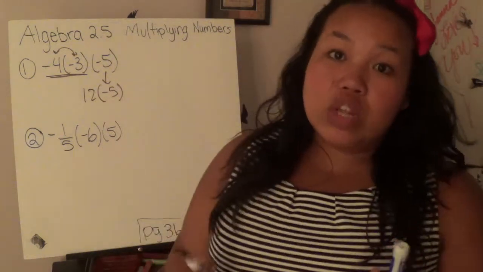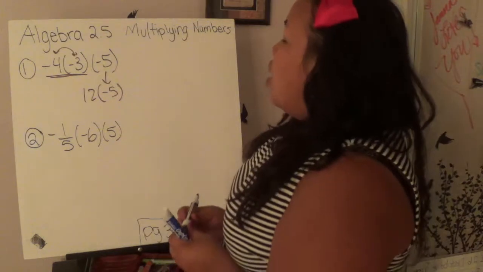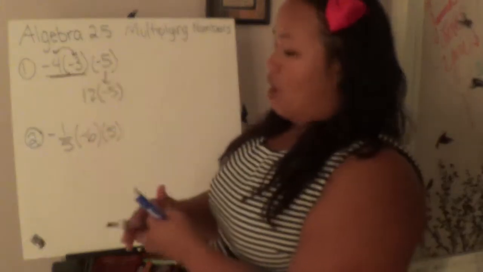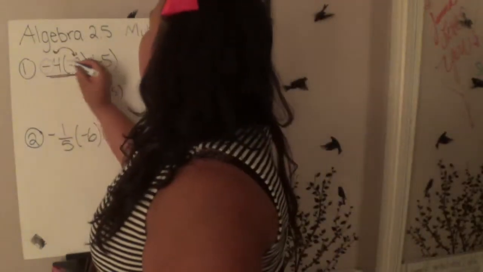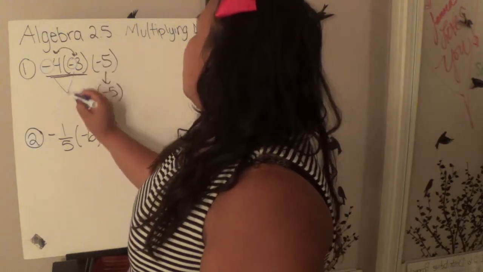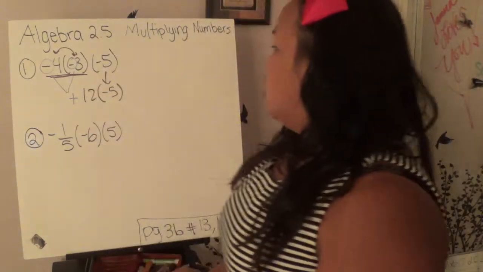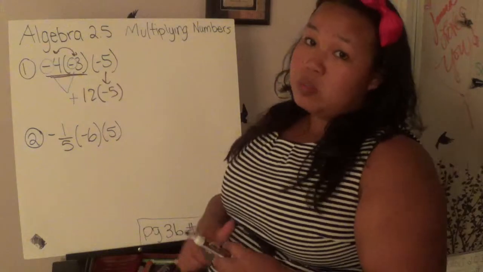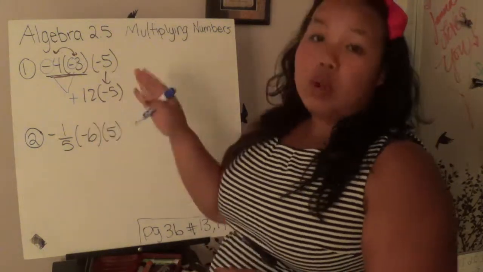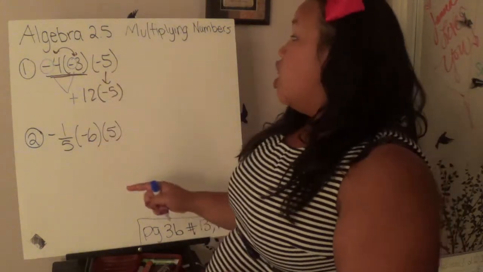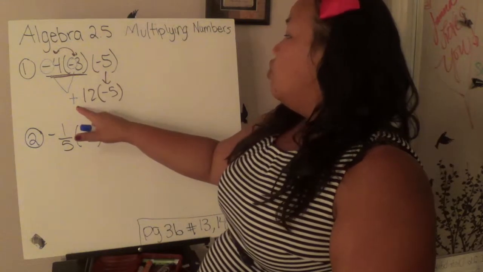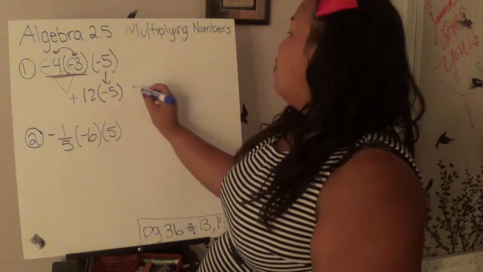So that parentheses is there to show me that I'm still multiplying. But in this case, because I have two negatives, it's going to equal a positive. I don't have to put the plus there if it's positive, but I want to show you that it's a positive. So I end up with positive 12 times -5.